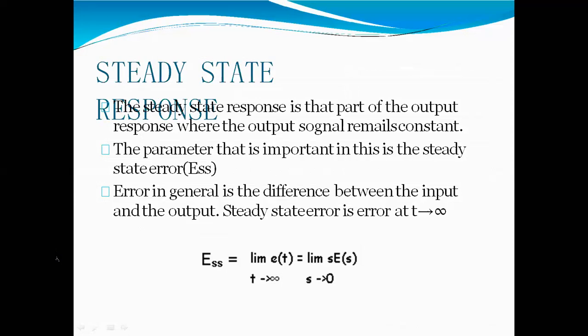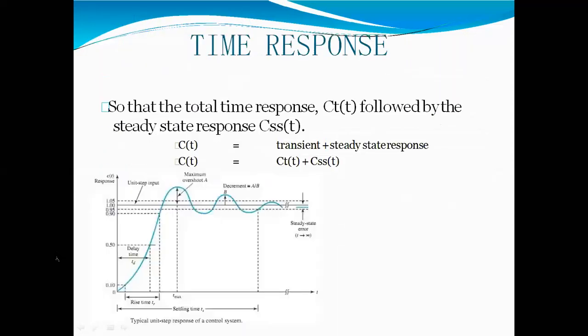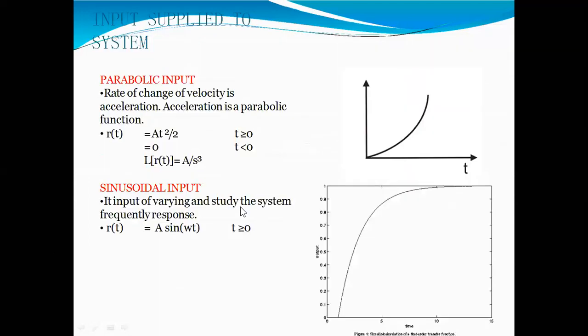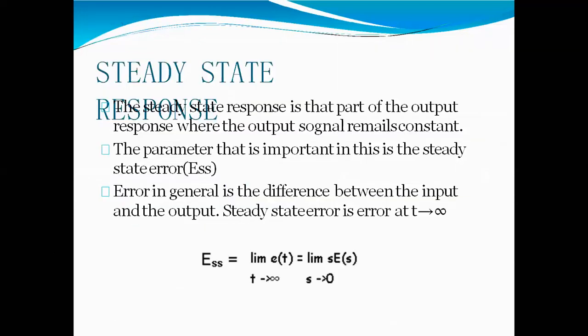You can see after transient response your steady state response is becoming constant. So once you apply all the 5 inputs to any control system and its output remains constant, then such a response is called steady state response.